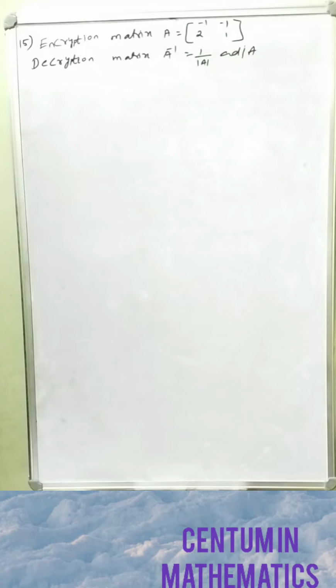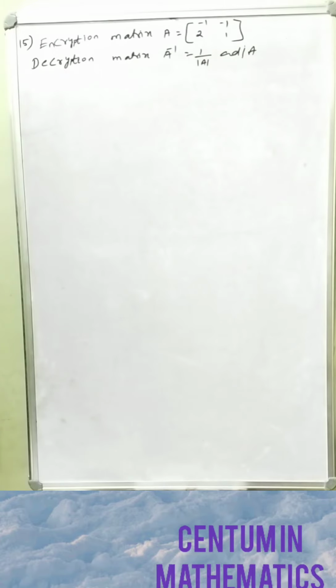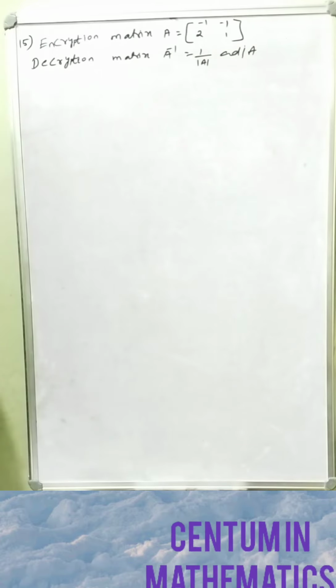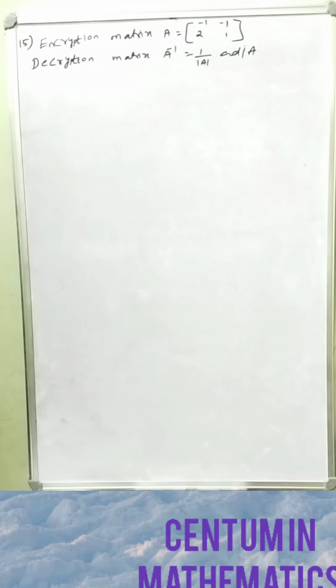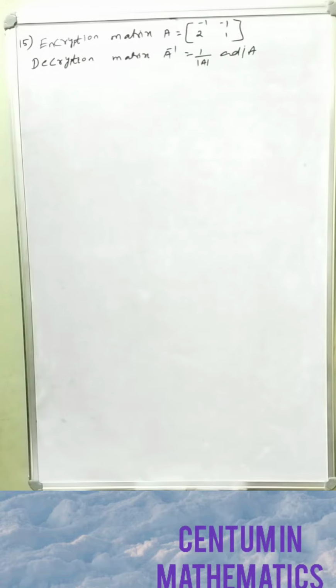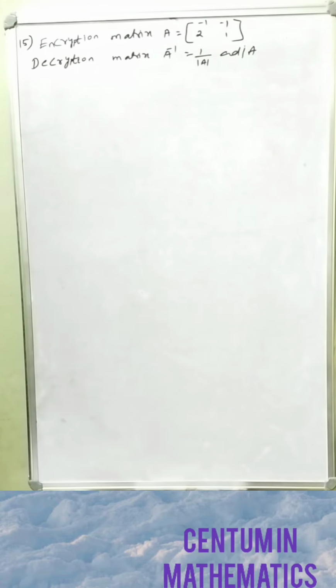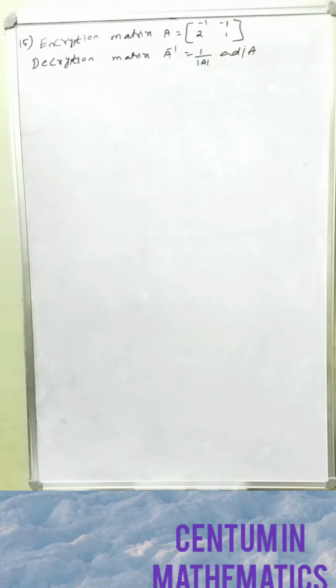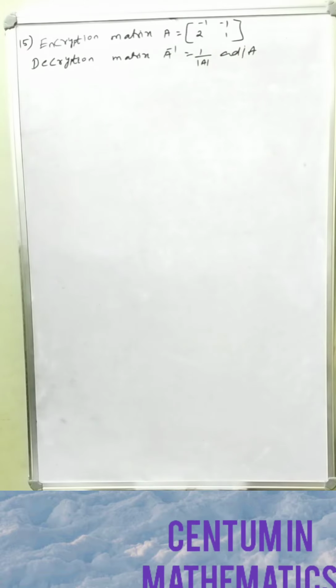A equals 1, B means number 2, C means 3, and Z means 26. We have to convert the given numbers into alphabet to find the received message. Here the encryption matrix is given, A equals minus 1, minus 1, 2, 1.